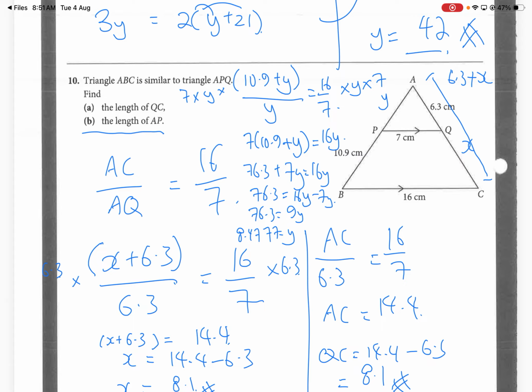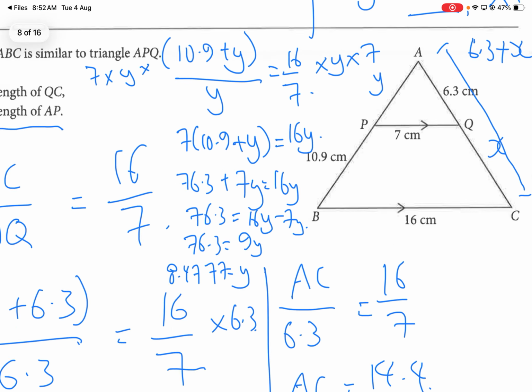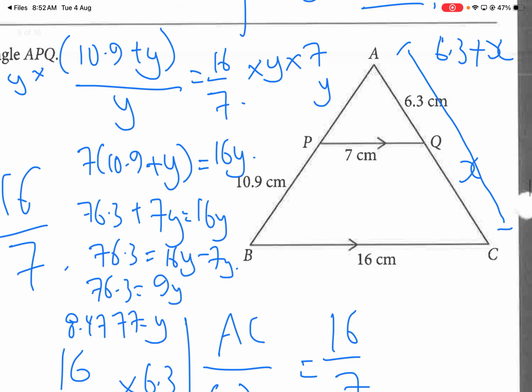So easy. 8.48. When you don't have an exact answer, give to 3 significant figures. So 8 is the number 1 significant, 4 is the second significant, the first 7 is your third significant. I must go and look at the 4th to decide whether my third needs to round up.